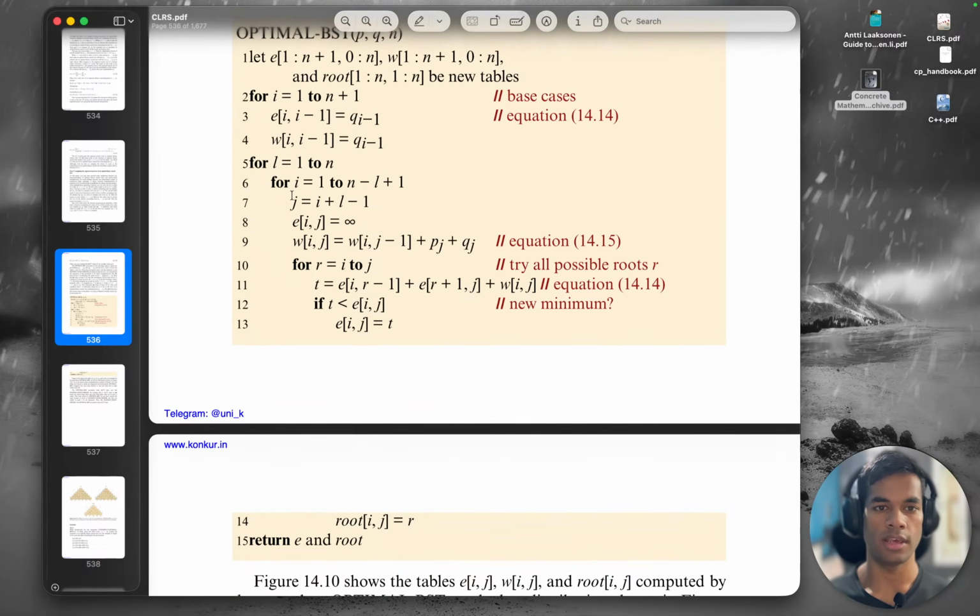Then we say first we are considering subtrees of length 1. And when we are doing that, we will iterate our i going from 1 till all the subtrees where we could have a length of 1, so n plus 1 minus l, and j is on the other end of this sliding window. And initially we are initializing our expected value to be equal to infinity.